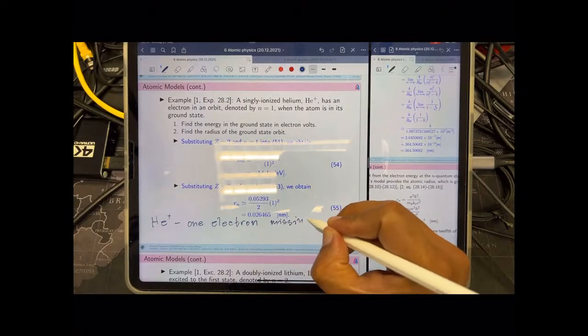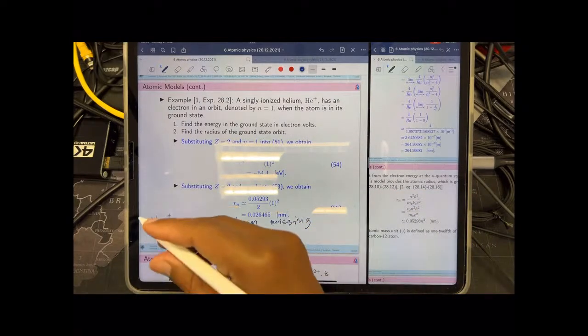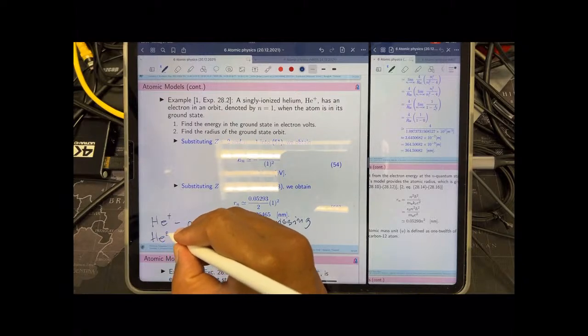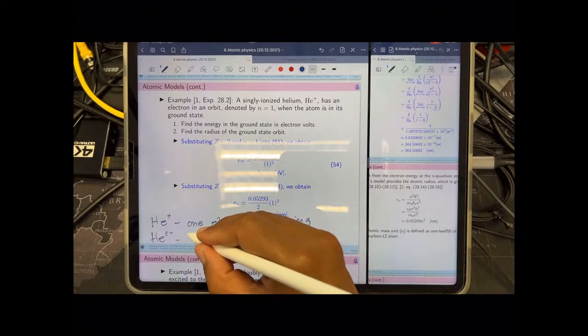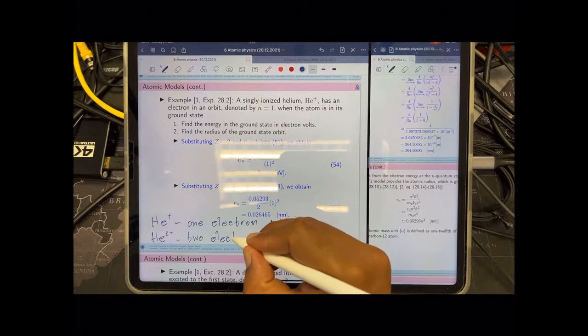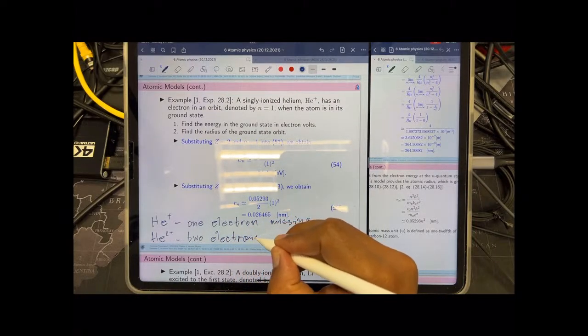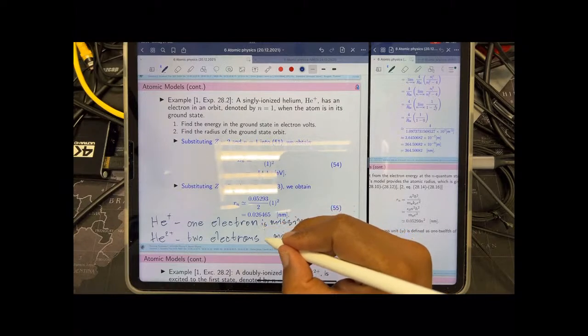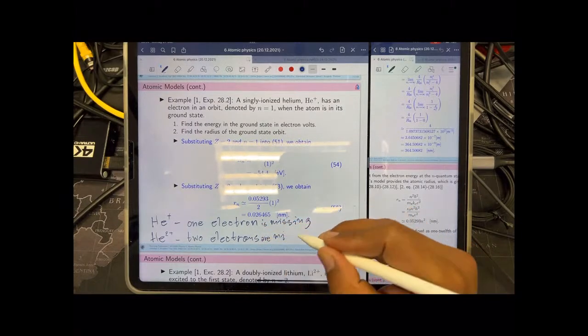One electron is away from the helium atom. And once we say helium 2 plus, it means that 2 electrons are missing.